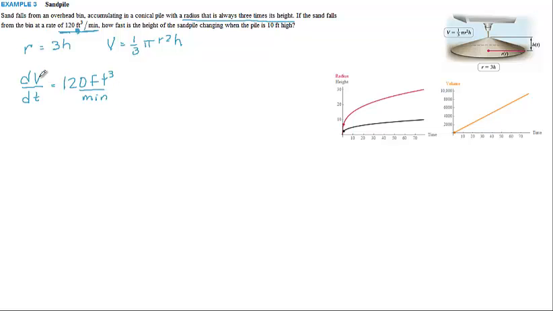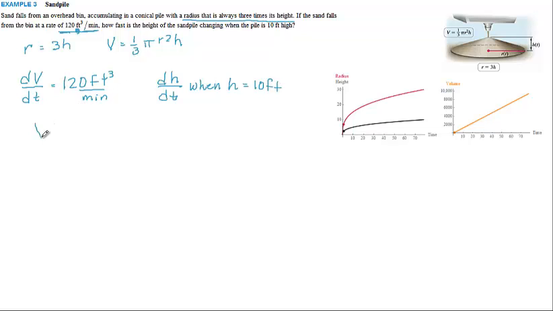So that's how that volume is changing with time. How fast is the height changing? So they want dh over dt, and specifically they want it when h is 10 feet.